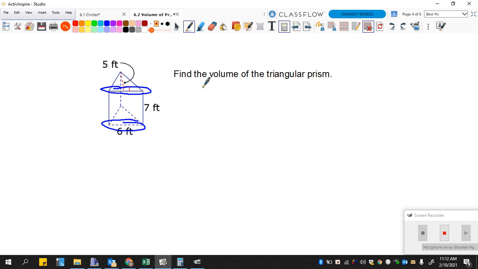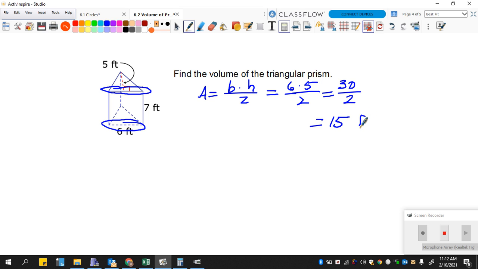Area is equal to base times height divided by 2, which is 6 times 5 divided by 2, which is 30 divided by 2. When we simplify that, that gives us 15 square feet.